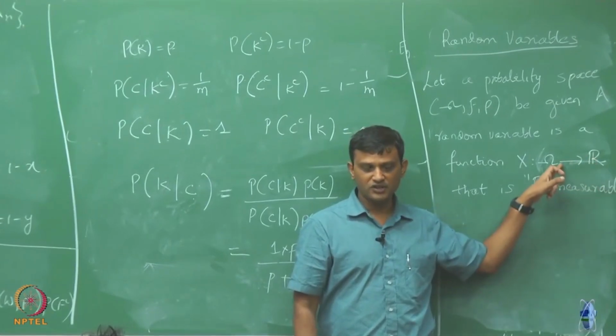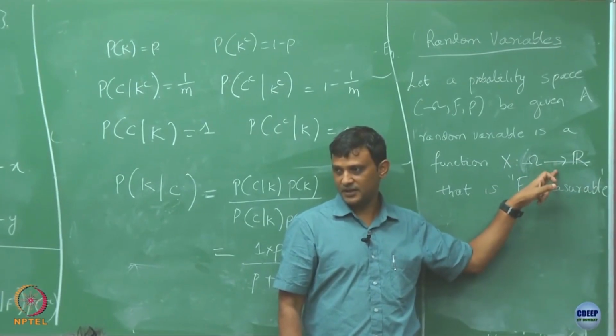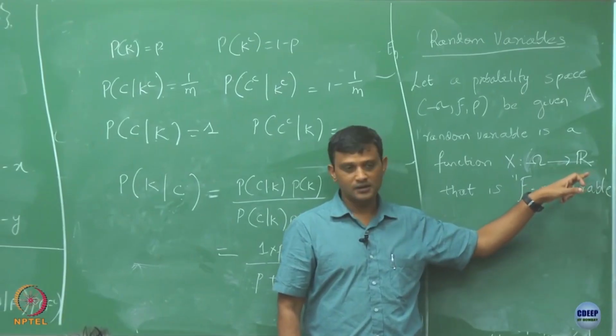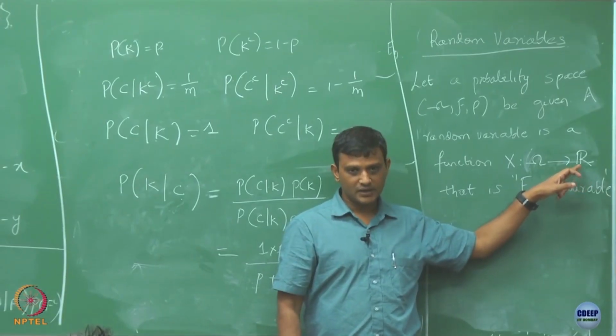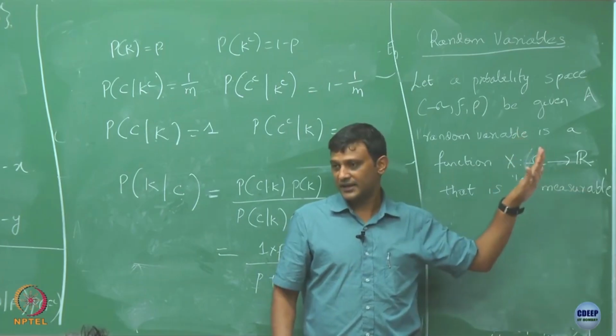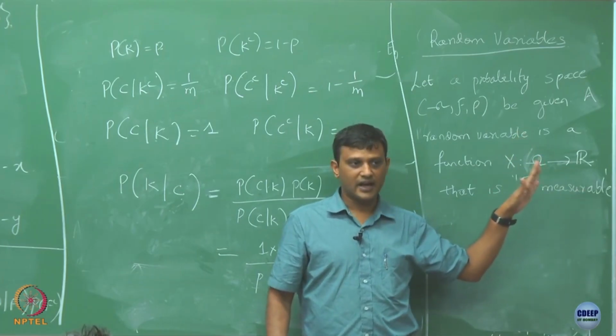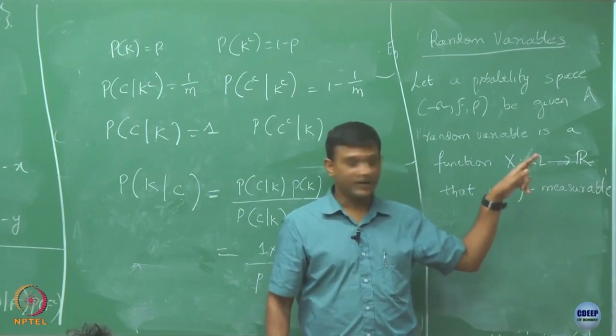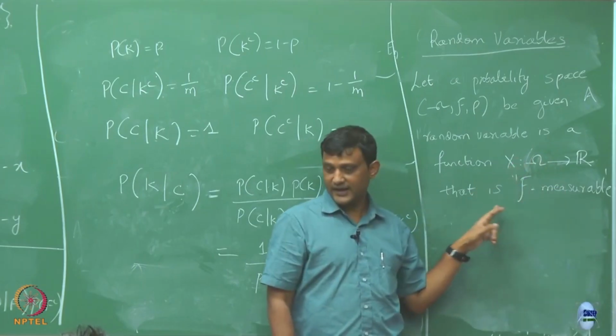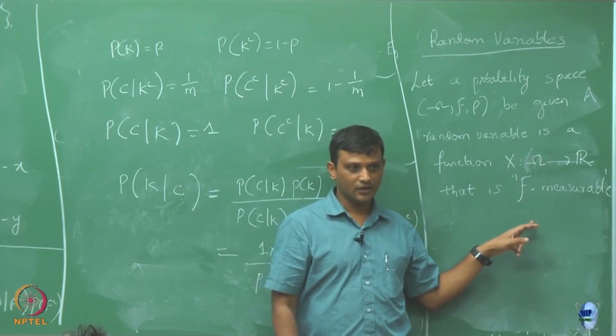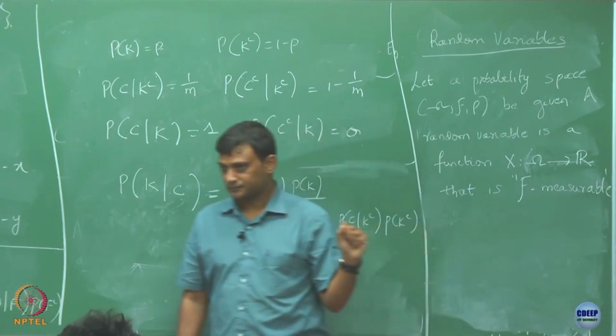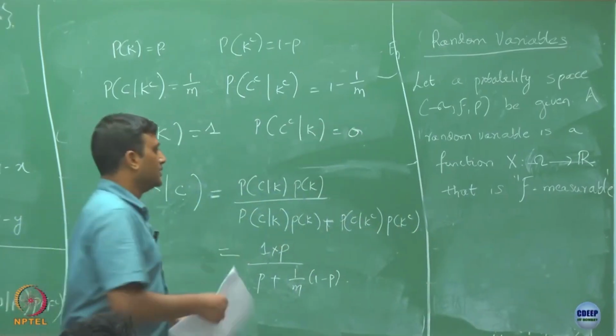That means for every possible outcome in your sample space, it assigns a real number. But that's not all; it is not just any function. If it is a function like this, further it has to be F-measurable. Now what do I mean by F-measurable?